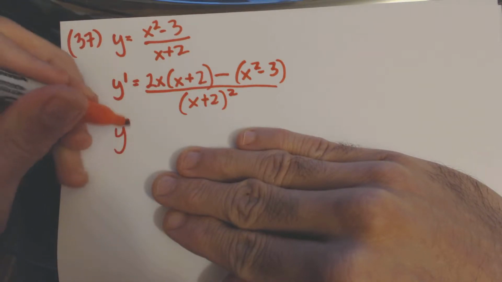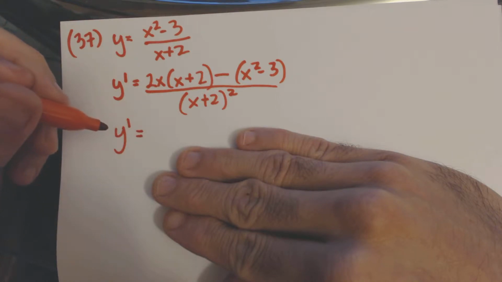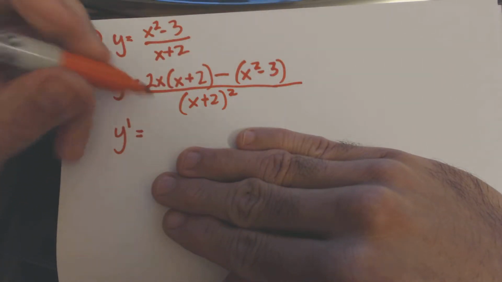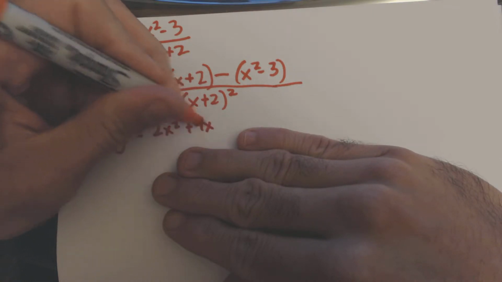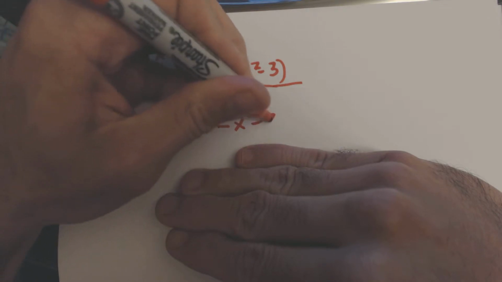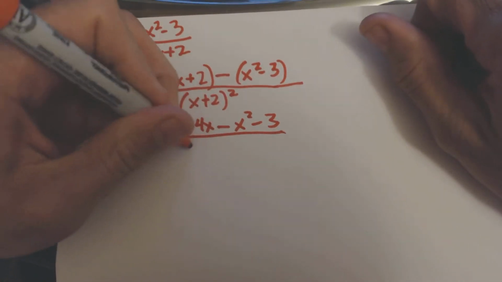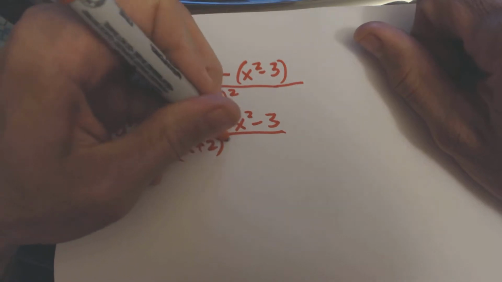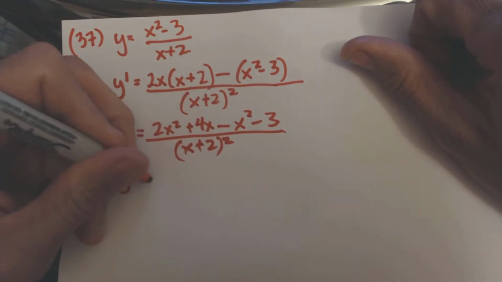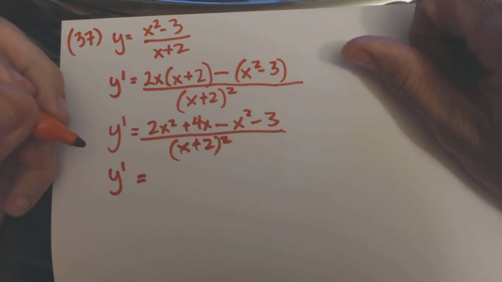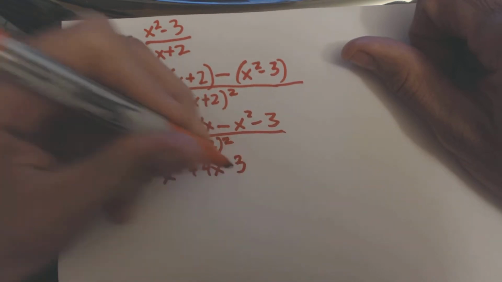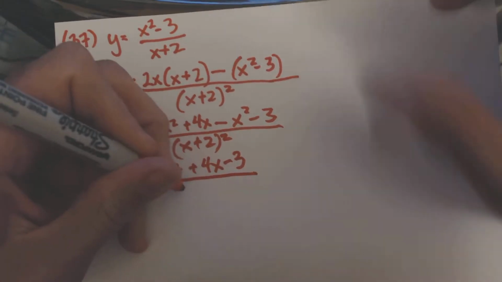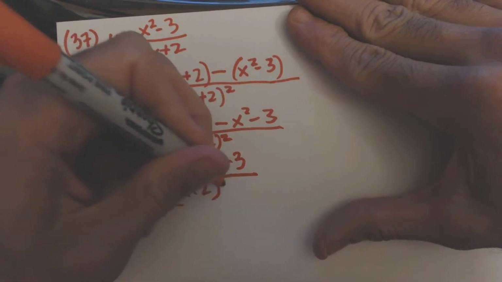All right, so let's expand out the terms in the top. We have 2x squared plus 4x minus x squared minus 3 over x plus 2 squared. So we have x squared plus 4x minus 3 over x plus 2 squared.